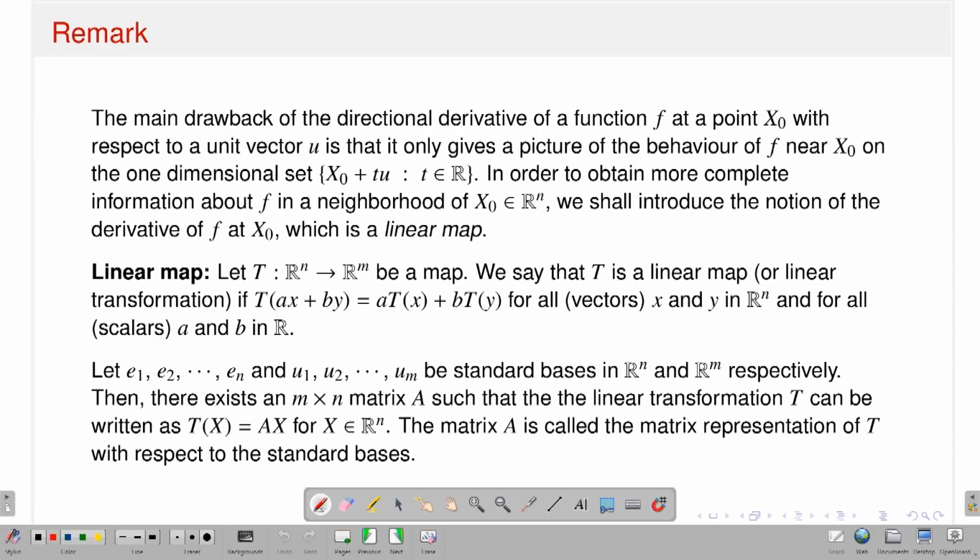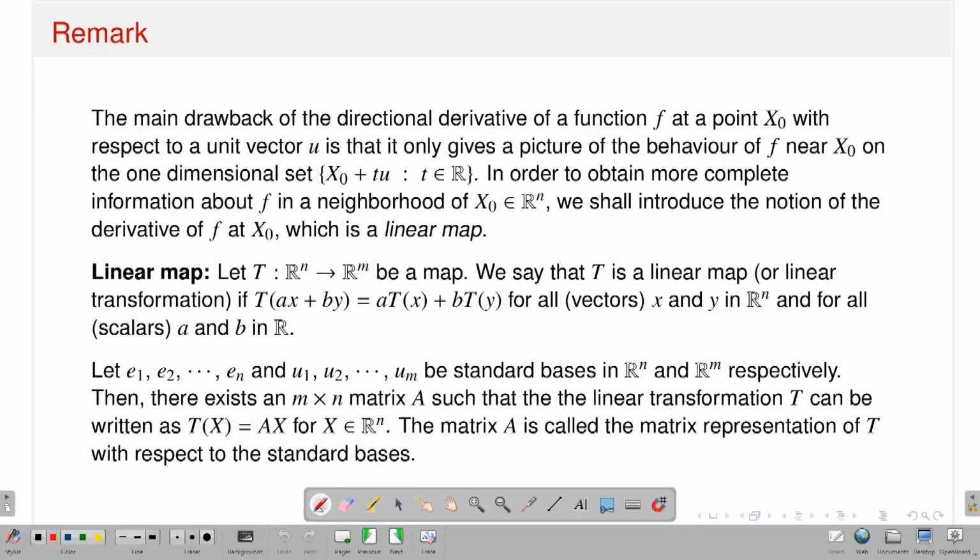Before I give the definition of total derivative, this is just one remark. I already discussed why the existence of total derivative is important, and why I would like to introduce it: partial derivatives and directional derivatives are not enough to talk about the differentiability of f. This is the main drawback.